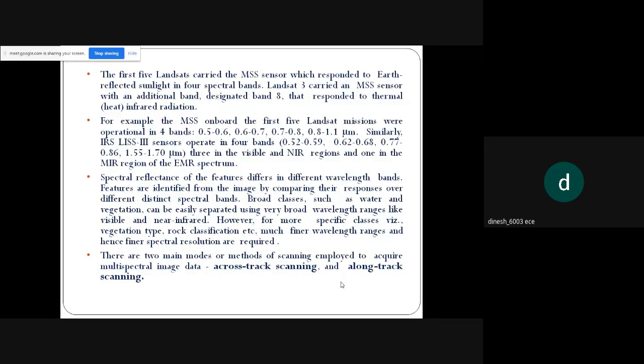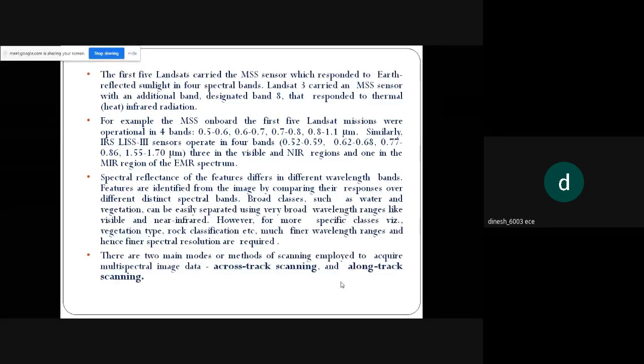There are some terminologies to be learned which were deployed in the Landsats that carry this multispectral scanner system sensors.